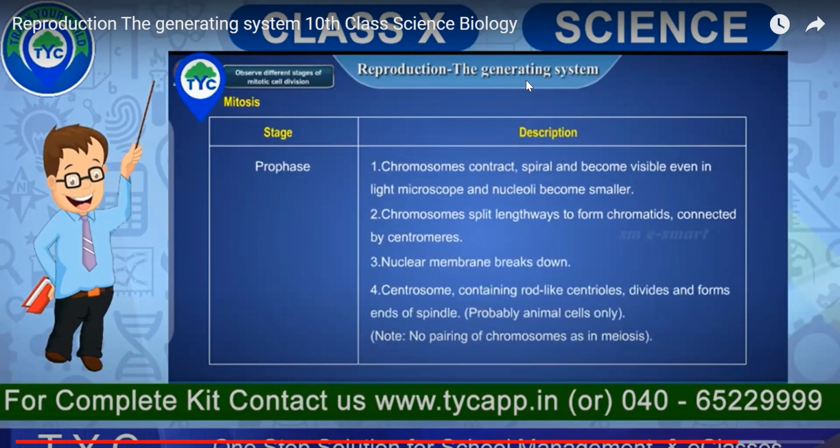That is true. And now when we say that mitotic is an asexual division, it takes place in the parts where growth takes place, like the height of a tree increases because of mitotic division. So when it is increasing, what is happening in mitotic division?